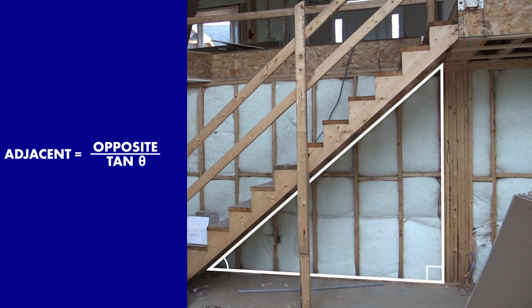Our angle is 34 degrees, so we replace theta with this value. The opposite side has a length of 107 inches, so this will be placed in the numerator. Then we will replace adjacent with x. The final step is to divide 107 by tan of 34. We now know that the length of a staircase is 160 inches.